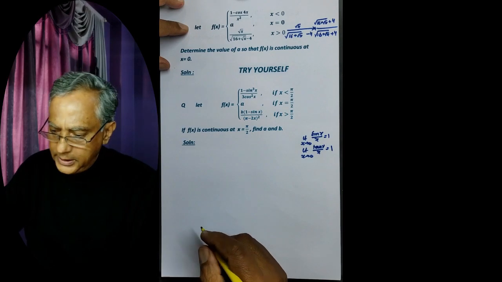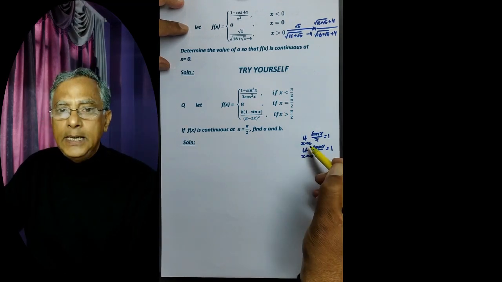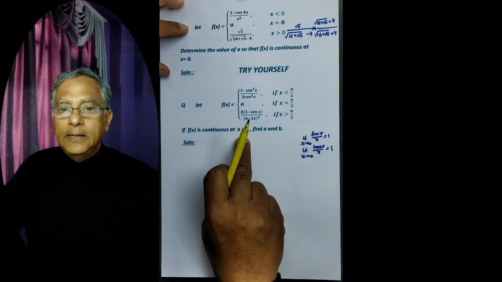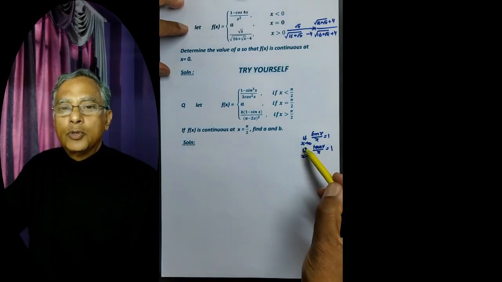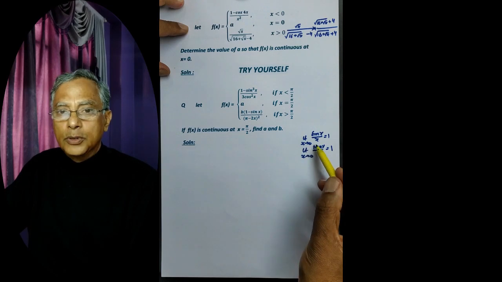So both these formulae are available for x approaches 0 and here the point is x equal to pi by 2. So we have to change it into limit x approaches 0, limit which tends to 0.